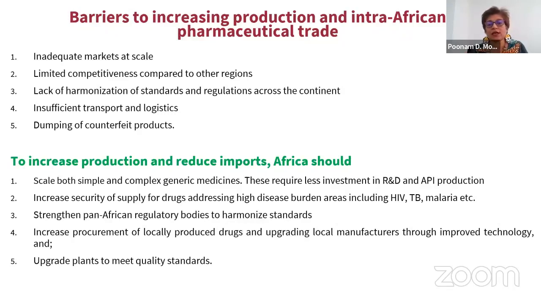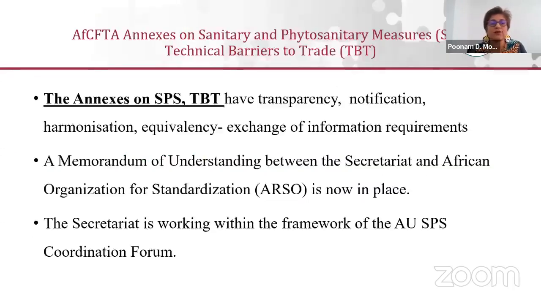The rest of it I will not mention because, like I say, speakers have. So I'll jump into the annexes of the AfCFTA that speak about SPS, sanitary and phytosanitary, and technical barriers to trade, TBT.